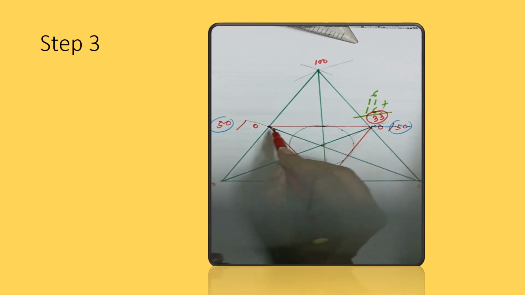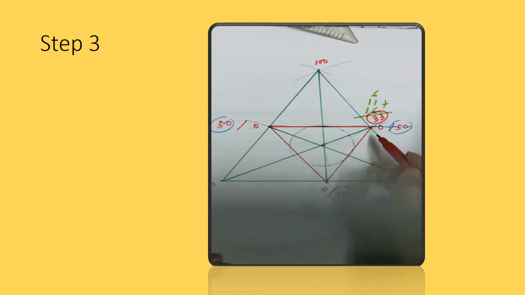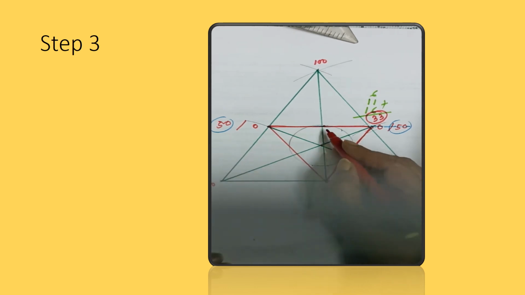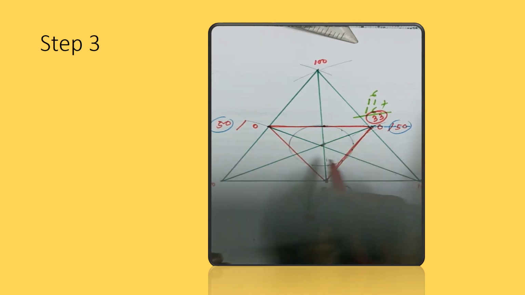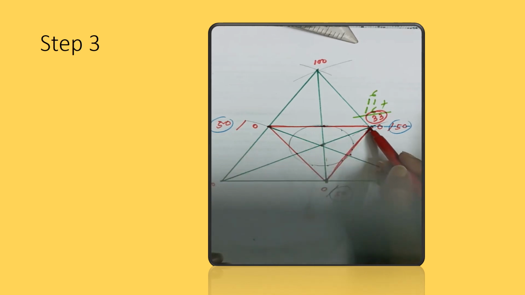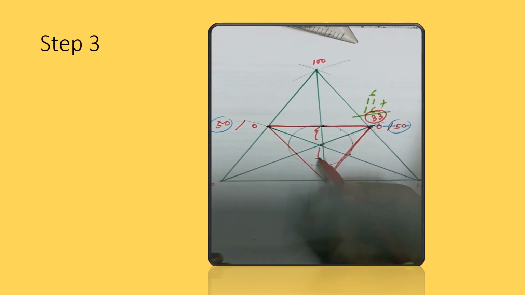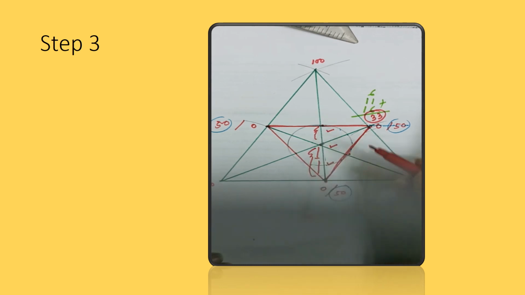If we consider this is the 50 value containing the 50% of the triangle, and we consider it 100%, then from this base to apex it is 100%, apex to base is 100%, and similarly base to apex is 100%. This distance is 1/3, this is 2/3, and the remaining are 1/3 and 1/3. So this is 2/3 distance, this is 1/3 distance.